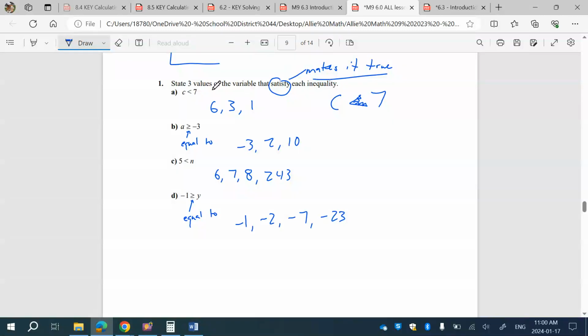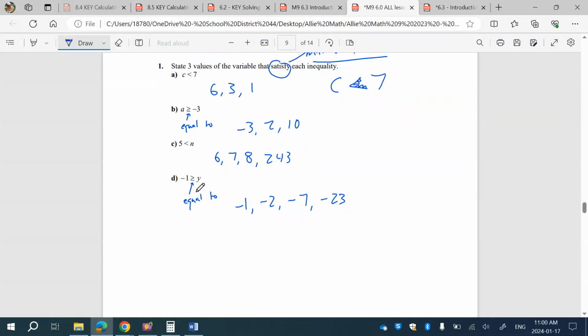So to satisfy means to make this true. It's true that -1 is less than or equal to -1. In fact, is equal to. It's true that -2 is less than -1. It's true that -7 is less than -1. And it's true that -23 is less than -1.